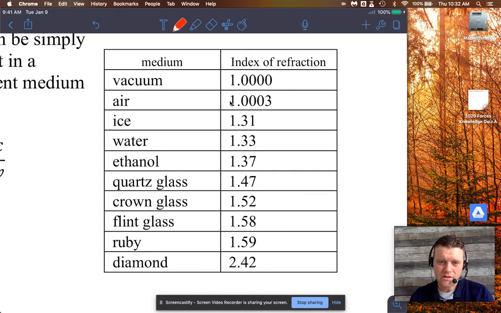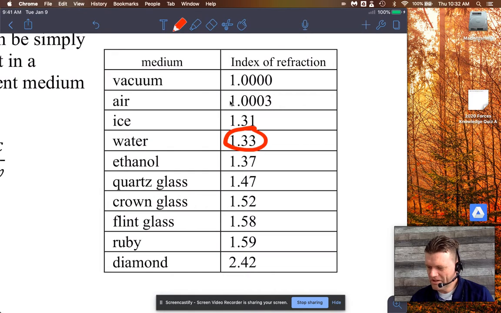These are all experimentally determined values, so nothing you'd have to memorize, but we are going to use water a fair bit, and different kinds of glass. You can see there's quartz glass, crown glass. I don't even know all the different distinctions between those in terms of how they're made or what sand is used to make those. I'm not sure, but they're different. There's lots of different kinds of glass.